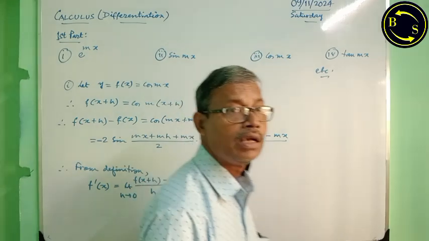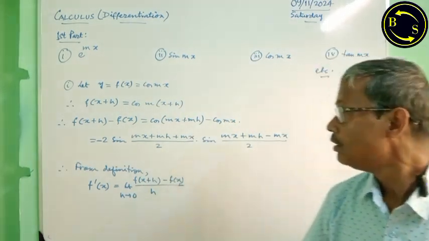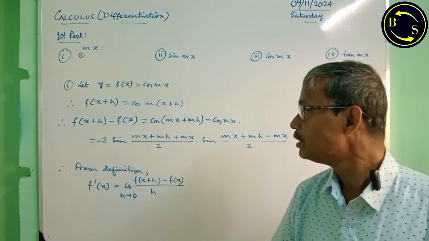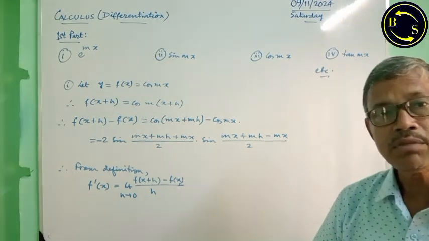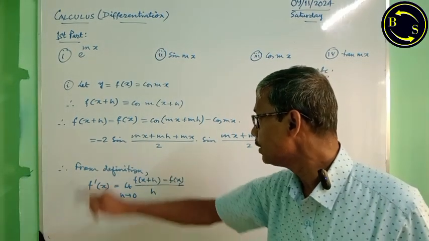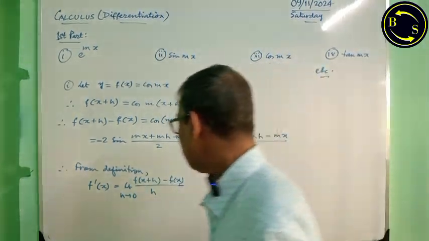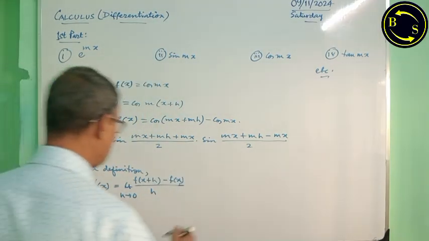Actually cos c minus cos d equal to minus 2 sin (c plus d) by 2 into sin (c minus d) by 2. Therefore I have taken minus here. Now I apply this one from definition. This one we put the value.